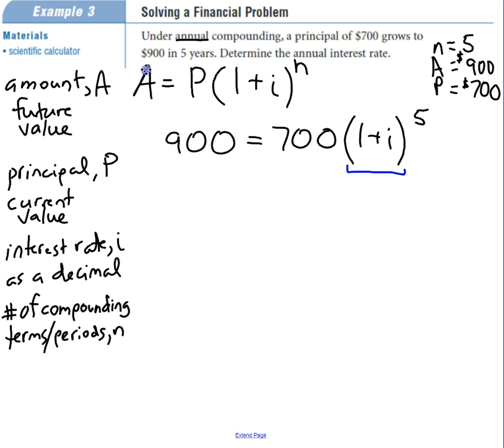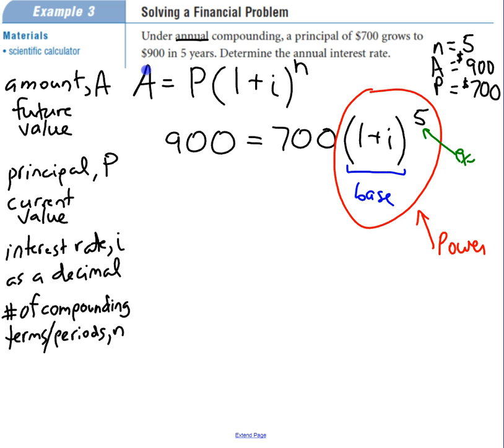Okay, so take note that collectively we have our power, which is the whole thing. The power is the base combined with some exponent. So if we want to think about an arrow diagram here, if we started with our interest rate, the first thing we're doing to it is we're adding 1.